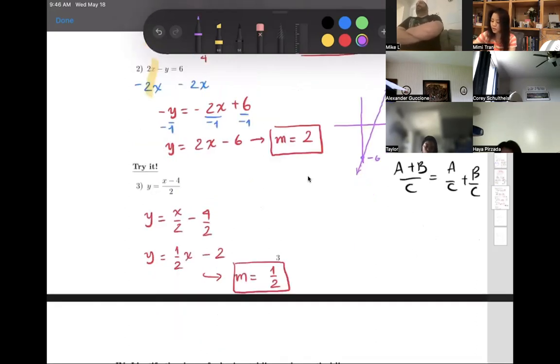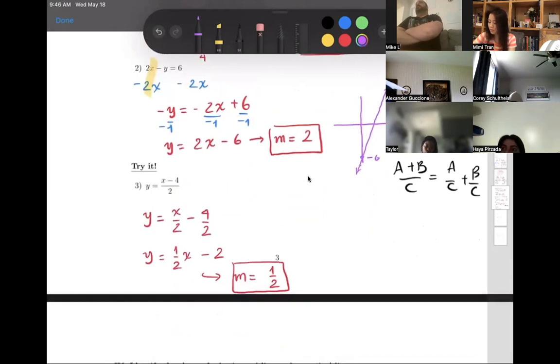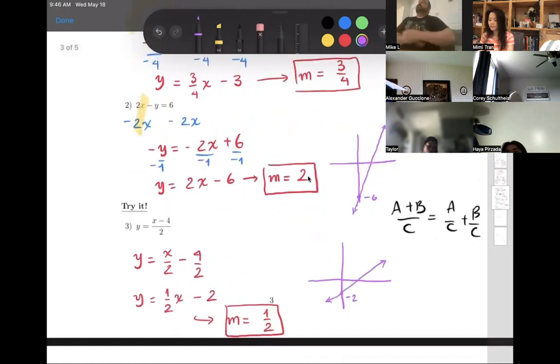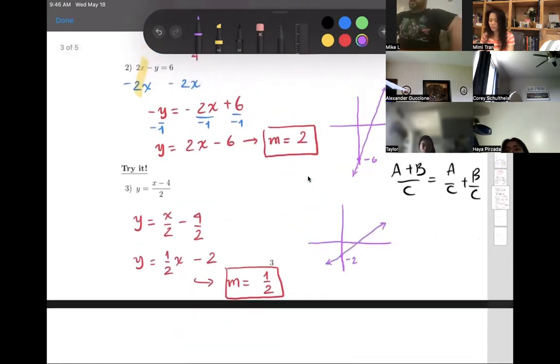Same thing down here. I'm so sorry, they're all positive. I better pick a better example next time. So the y-intercept will be -2, -2 here. And then my graph is kind of like that. Again, positive slope. Sorry, I should have a negative slope for you.